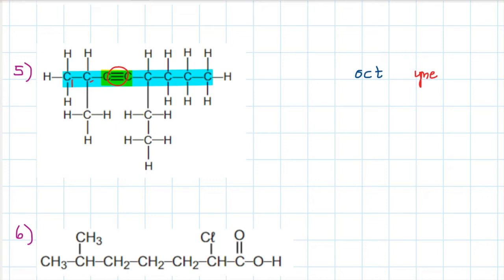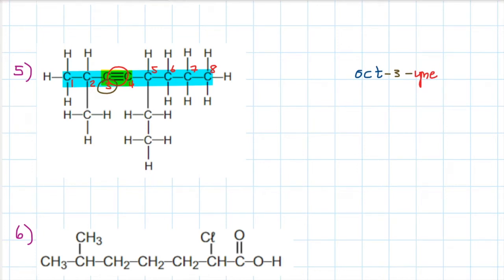In this case, to give it the lowest number possible, we're going to number the carbon atoms from the left-hand side, and therefore this triple bond falls onto carbon number 3. So we call this oct-3-yne, where the 3 tells us where the functional group of the alkyne is.